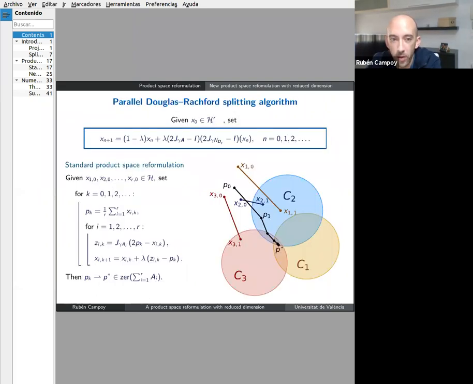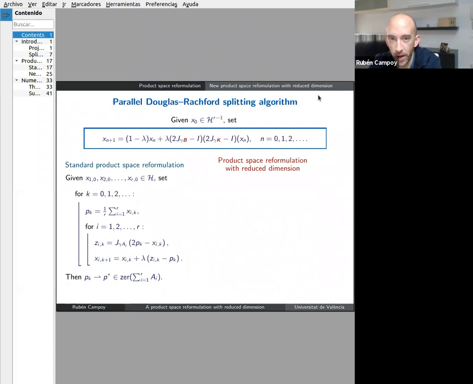Okay, so how does Douglas-Rachford look if we apply it to the new reformulation? So now we need to consider K and B with the notation in the reformulation. Now we live in the space H^(R-1). So we consider R-1 initial points.